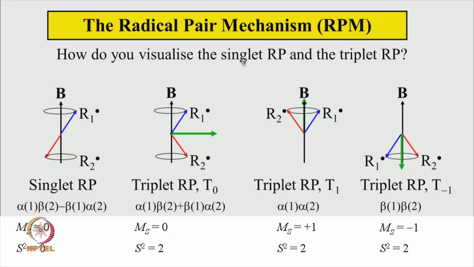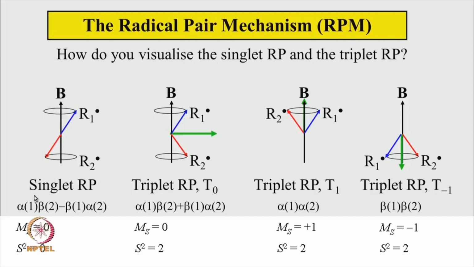How do you visualize the singlet radical pair and the triplet radical pair? This is the spin multiplicity of the overall pair of radicals. So, I must visualize them as a combination of two spins of the two radicals. Here, in the magnetic field of the EPR spectrometer, the spins are precessing in this fashion, radical 1, radical 2, they are color coded.